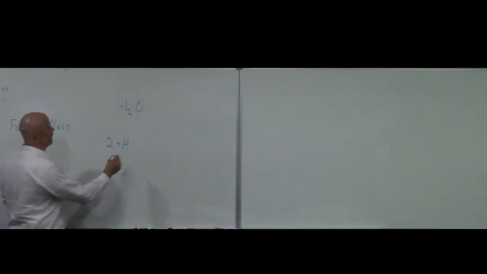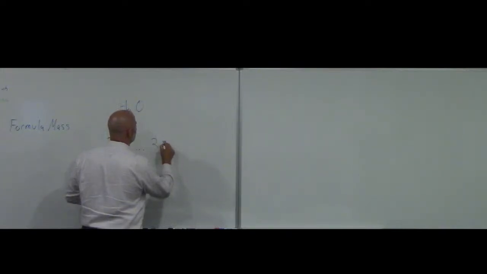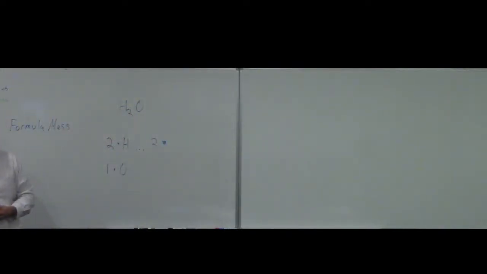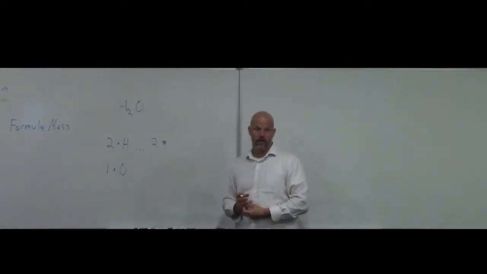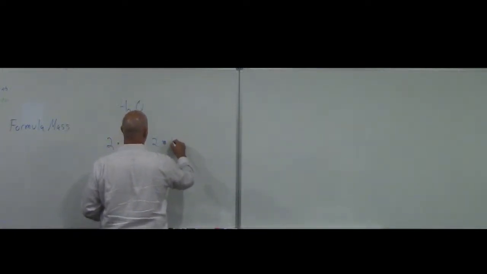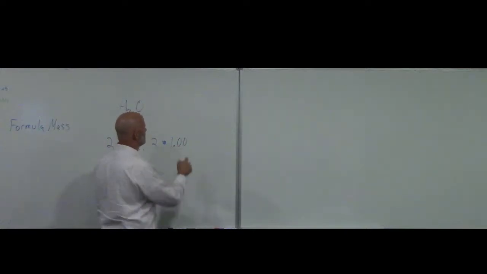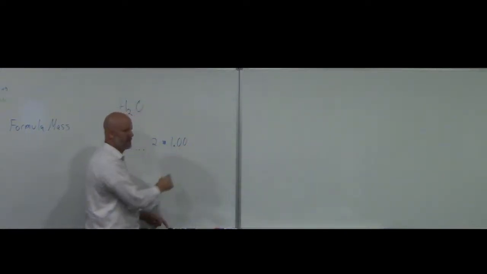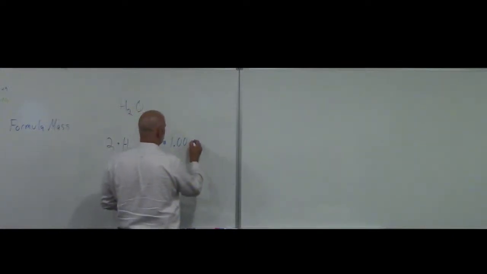So if I were to write this over, I need 2 times the molecular mass of hydrogen. 1.0079. We're going to stop at the 7, but it's not actually going to be 7, because I'm going to round up. 8. So I'm going to write 1.008. All right.